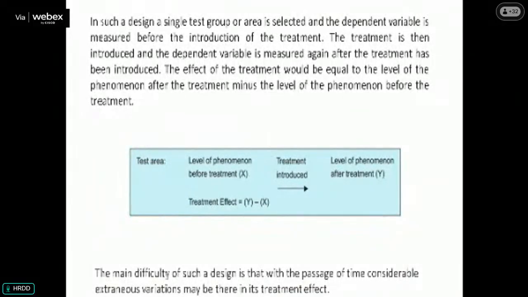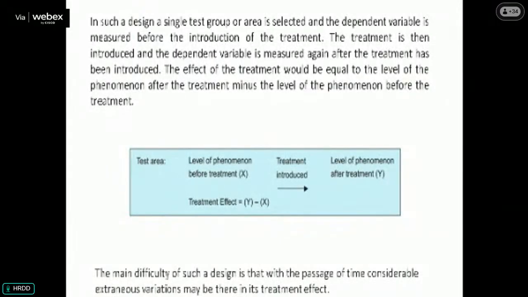This is basically the research design where you find out the effect of treatment and measure it with the help of a single experimental unit. You measure your phenomena before and after the treatment, find the difference, and report it as the treatment effect. So this is the simplest informal experimental design.